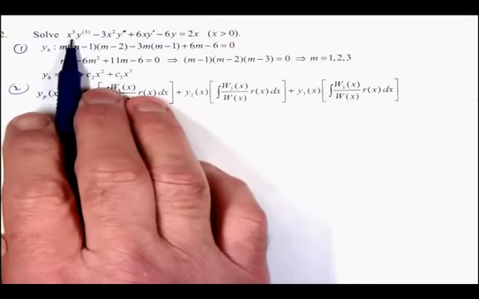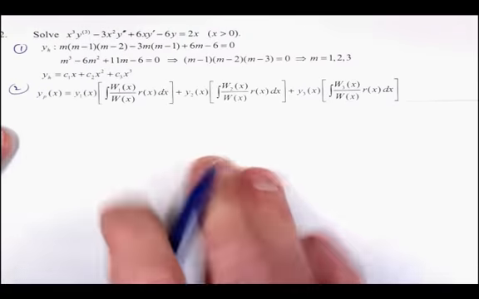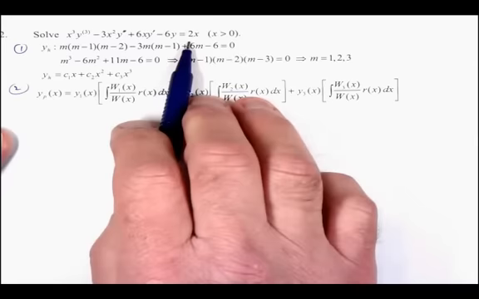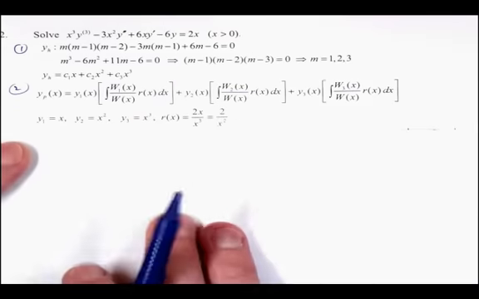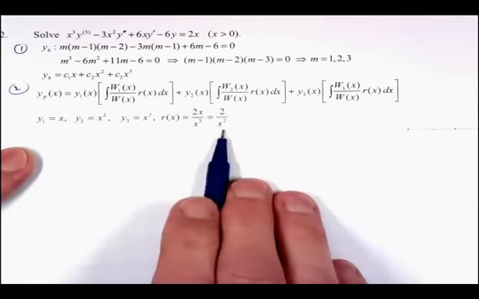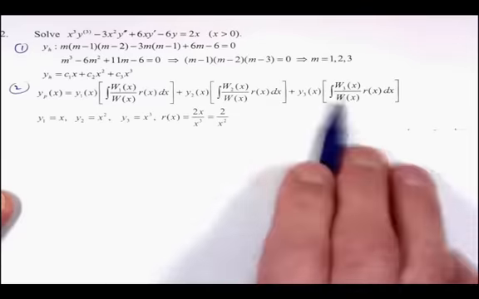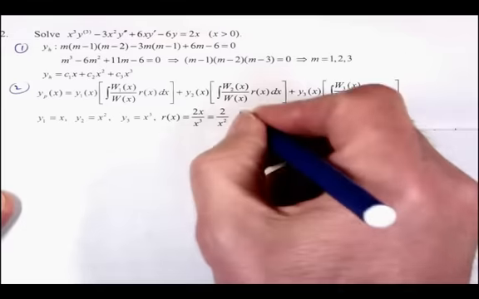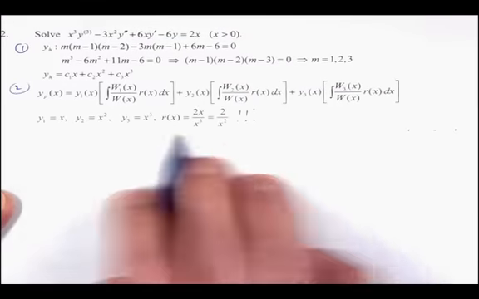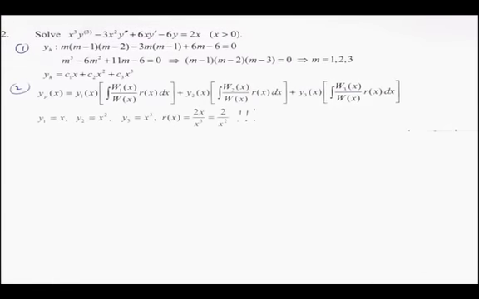So the R function is 2x divided by x cubed, which is 2 over x squared. So that's very important. Otherwise, you just won't get these integrals correct. So very important to get the correct R function because the equation must be in standard linear form.